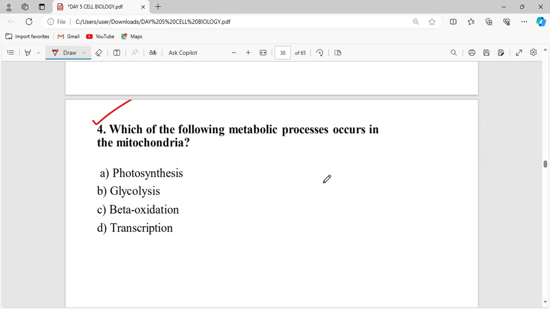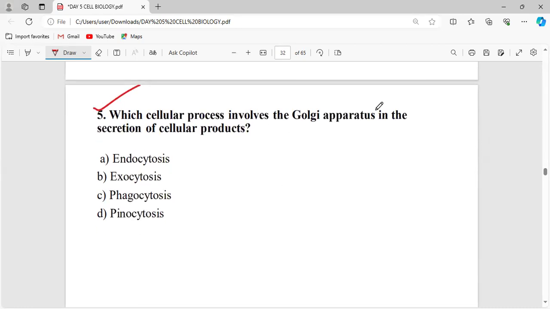The next question: which cellular process involves the Golgi apparatus in the secretion of cellular products? Endocytosis, exocytosis, phagocytosis, and pinocytosis. What will be the name of the process?